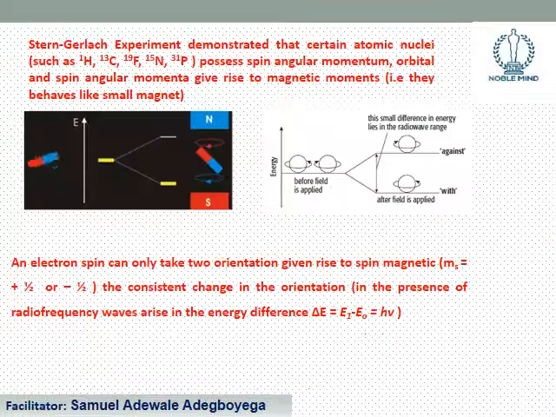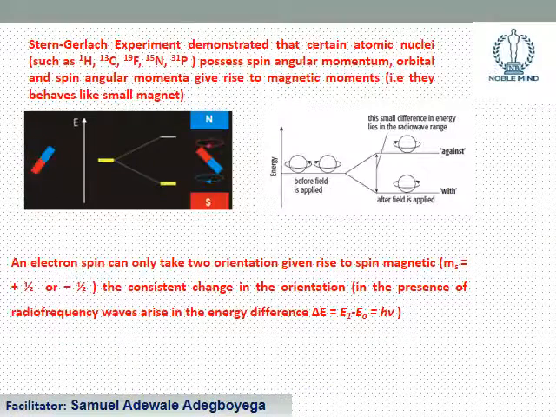Okay, this previous illustration was an experiment by Stern-Gerlach, which demonstrates that certain nuclei, referred to as odd number nuclei, possess spin angular momentum.